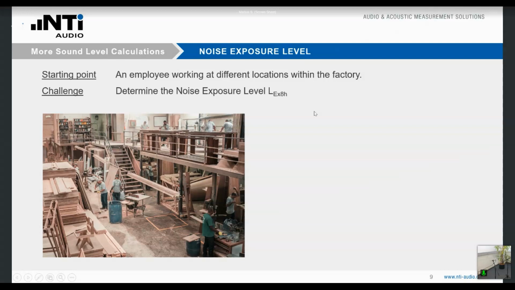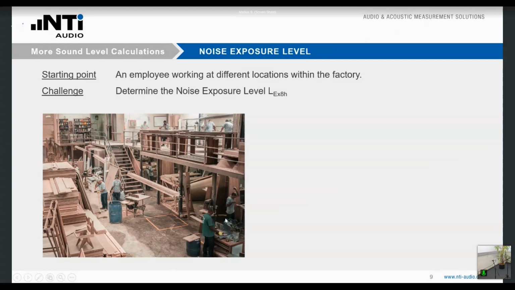So, of course, you could equip all your workers with a noise dosimeter to find out what the reality is. But there is also a better way, a simpler way, and that is you determine the noise exposure level by calculation. How do you do that? Well, of course, you have to know the typical position of the workers and the typical noise level to which they are exposed in the corresponding places.